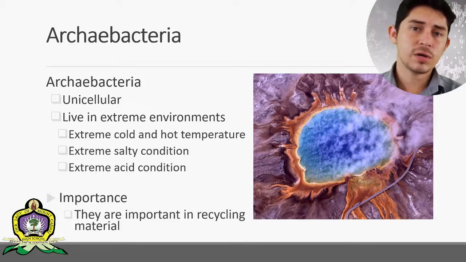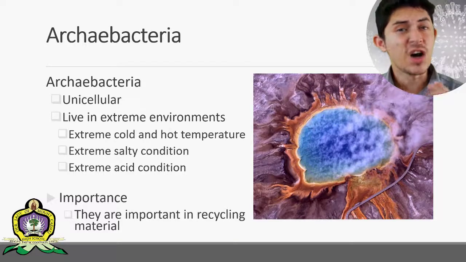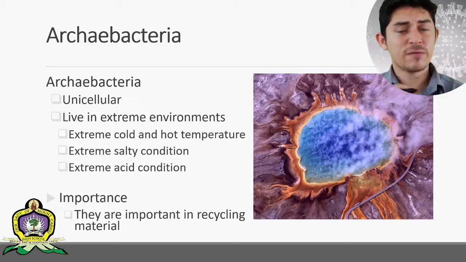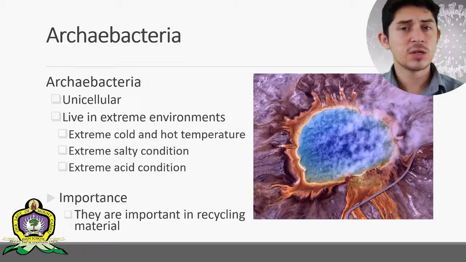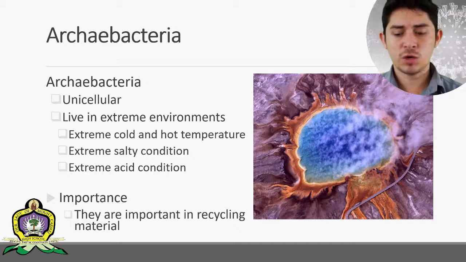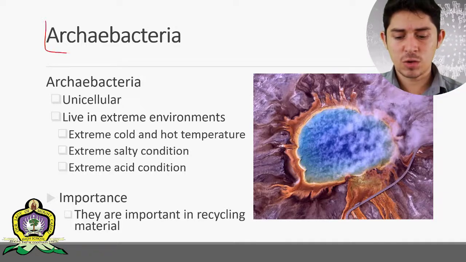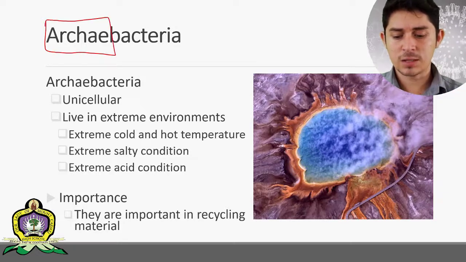And archaebacteria are a type of bacteria that is thought to have lived millions of years ago. Okay? So millions of years ago, we had the formation of archaebacteria. These archaebacteria, the word says it. Archae, if you don't know what archae means, ancient bacteria.